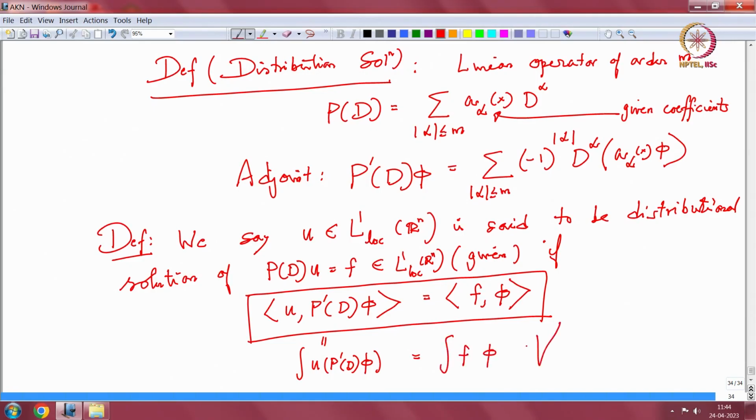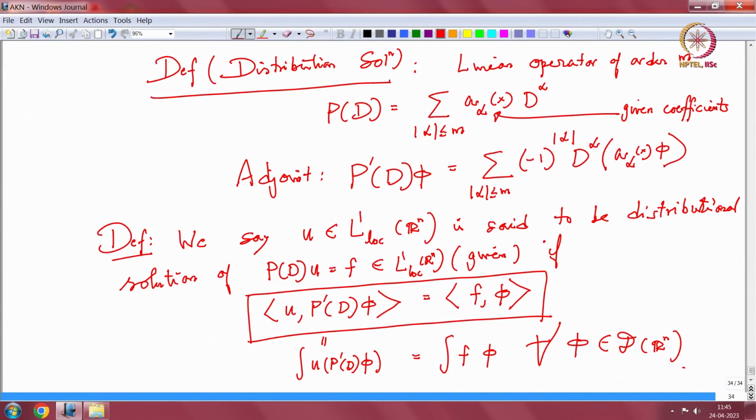This is true for all phi in D of Omega. So you are basically doing an integration by parts for each term, and that is what you do.